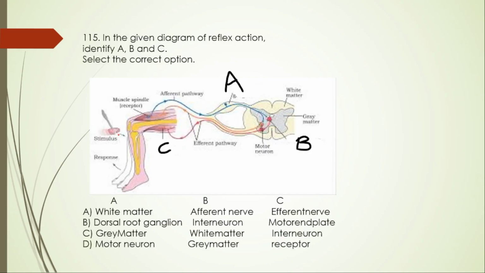Next 115. In the given diagram of reflex action, identify A, B and C. A is dorsal root ganglia, B is interneuron and C is afferent nerve.